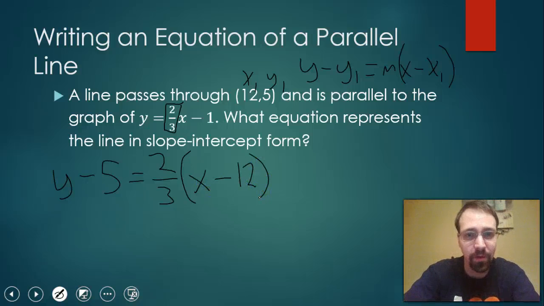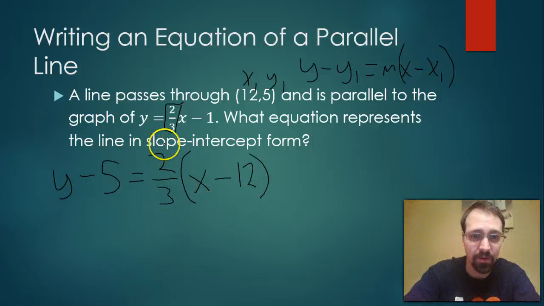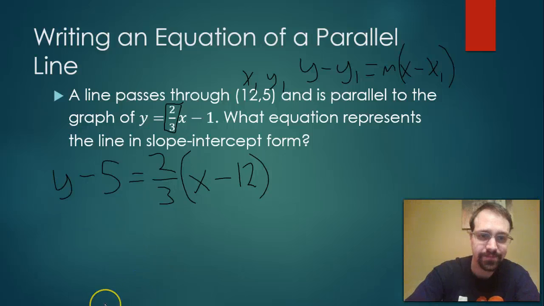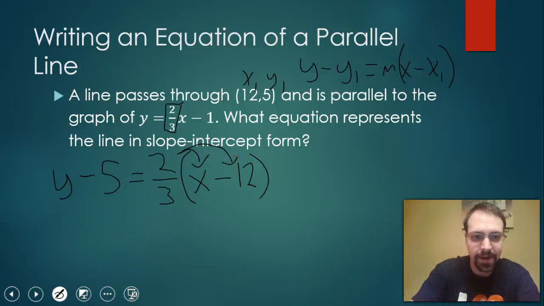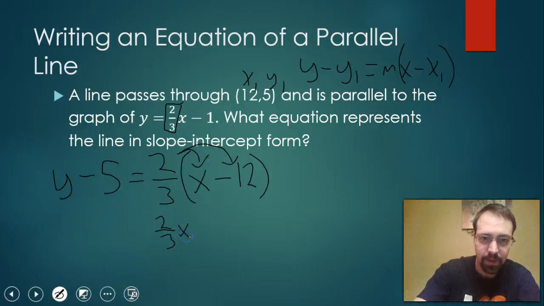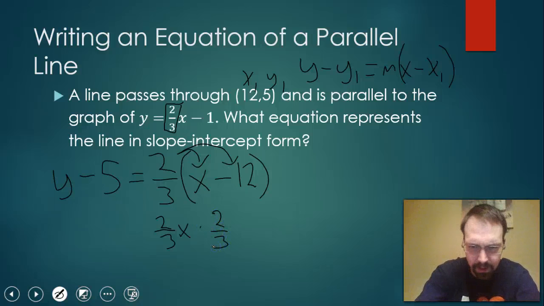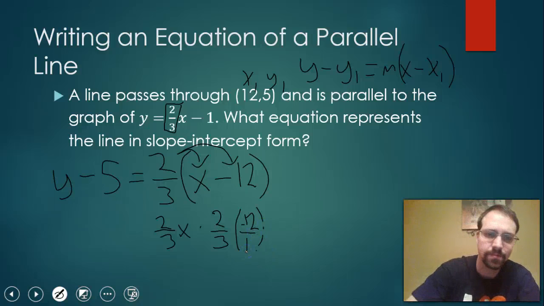Now, this is in point slope form, but the problem asks for slope intercept form. So we're going to have to do a little bit of math. We're going to distribute first, just like we did for our problem of the day. And we get 2/3 x times 2/3, looks like minus 12 times negative 12. We can't do that by itself. We have to make it negative 12 over 1.